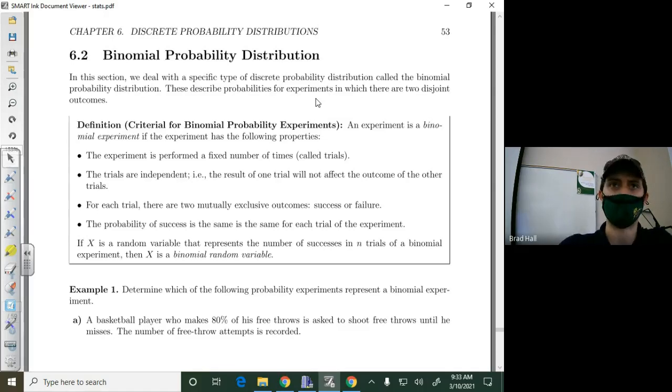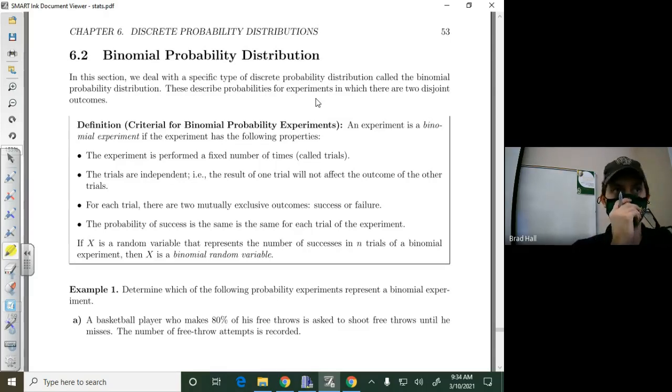Some formulas and some nice calculator tricks that give us a lot of very useful information. So that's why it's worth trying to determine this if we can. An experiment would be considered a binomial experiment if it has a few of these properties. Mainly, we're going to be looking at the top 3.